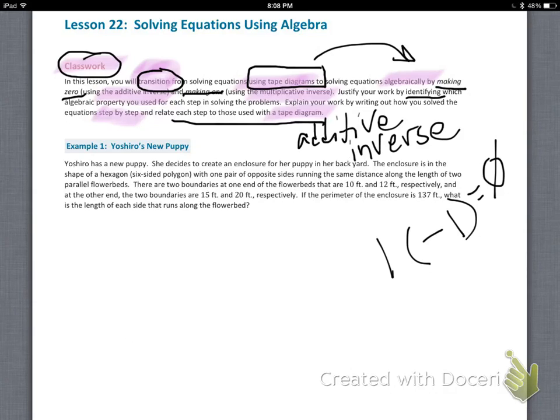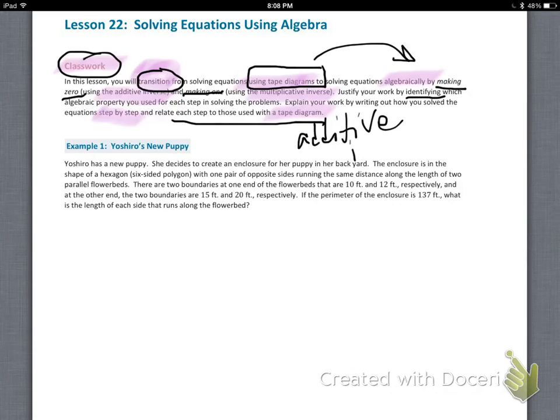Okay, so let's go ahead and start this. Let's go ahead and read. I'm going to read this to you, and you can read this along with me, hopefully you do that all the time. Example 1 is Yoshiro's new puppy. Yoshiro has a new puppy. She decides to create an enclosure, like a pen, for her puppy in her backyard.